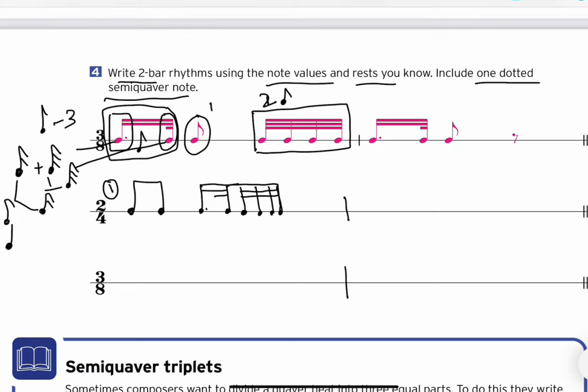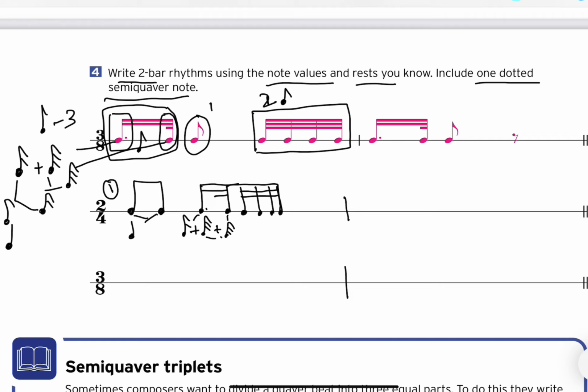Okay, now in this one you understood these two make one crotchet beat. Now this is our dotted semiquaver, so it is semiquaver plus demi-semiquaver, and this is our demi-semiquaver. Yes.